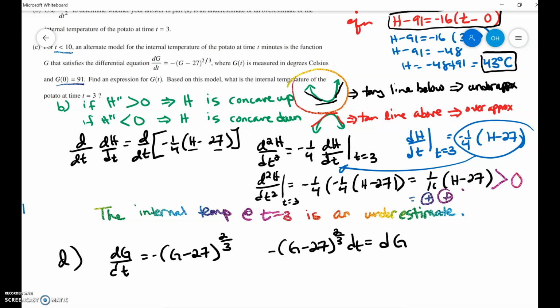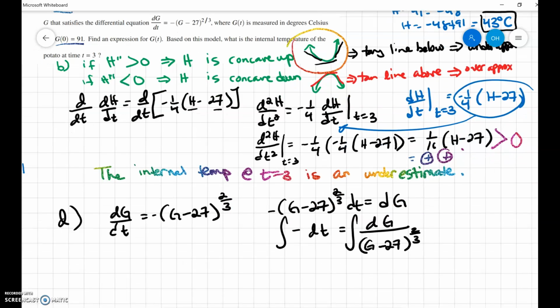I need all my g stuff on one side, so I'm going to leave the negative over here with the dt, and over here I have my dg over g minus 27 to the 2/3. And now I'm going to integrate both sides.